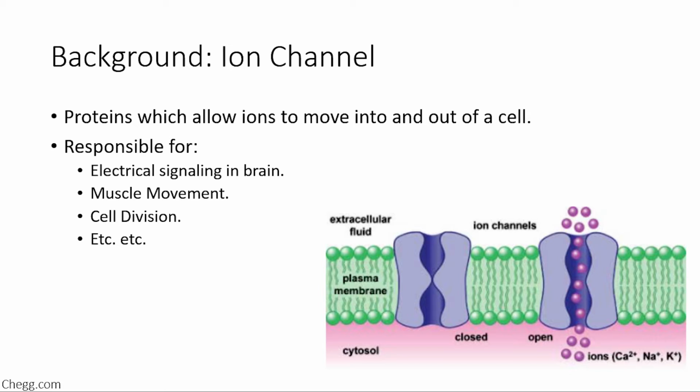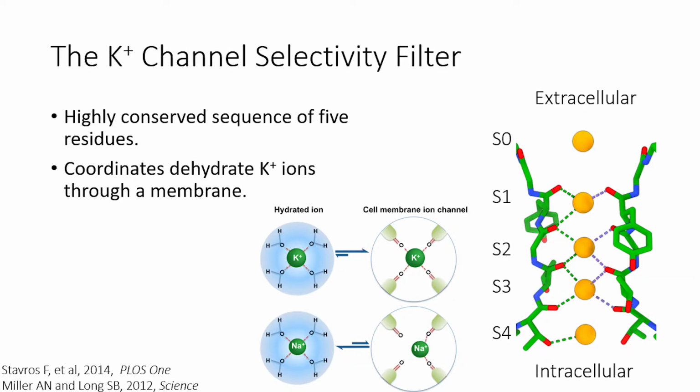And essentially the movement of these charged atoms through a cell membrane leads to electrical charges moving through the membrane, allows for electrical signaling. This is responsible for cell signaling in the brain. It's responsible for the movement of our muscles, especially our heart. It's involved in a wide variety of critical cellular processes such as cell division and numerous things with which life can exist. And what I wanted to study are some specific structural aspects of potassium channels.